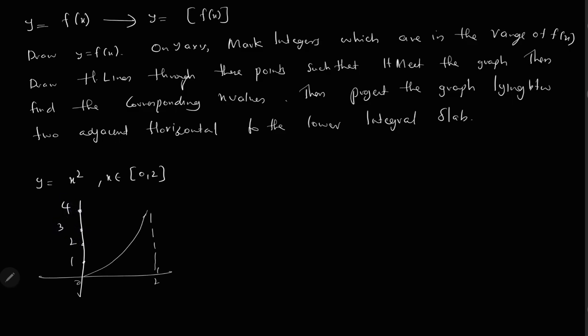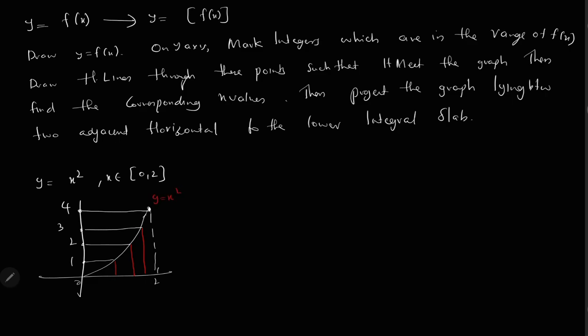What is its range? Range is 0 to 4. Now you draw horizontal lines which meet the curve. Then draw vertical lines so that you will get the corresponding x value.